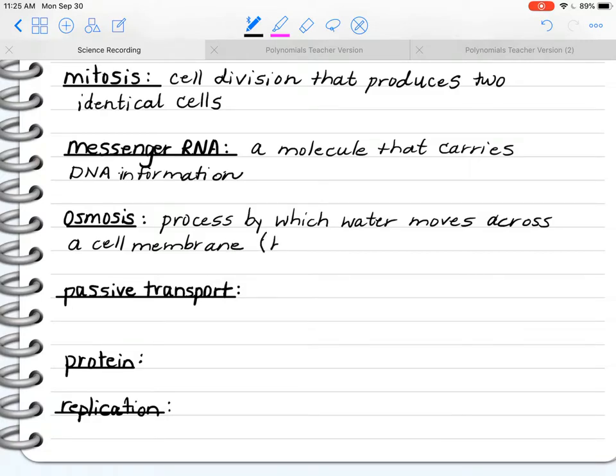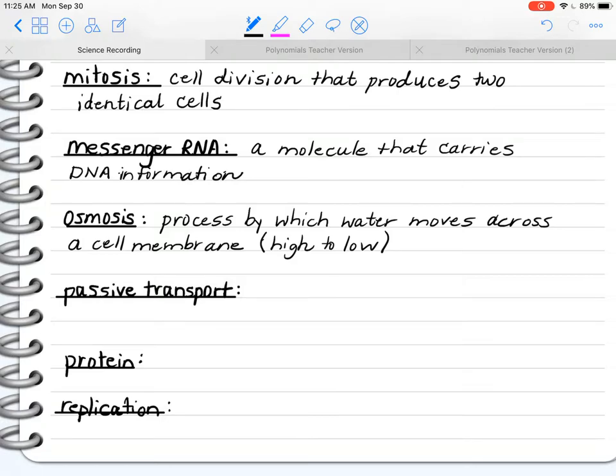And it will move from high concentration to low concentration. That's a pretty common theme in biology, that things that are in a highly concentrated area will seek out an area with lower concentration. You see that happen a lot in biology.